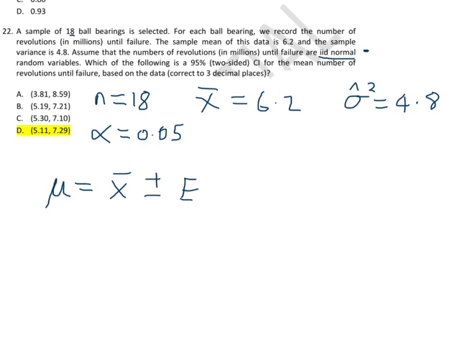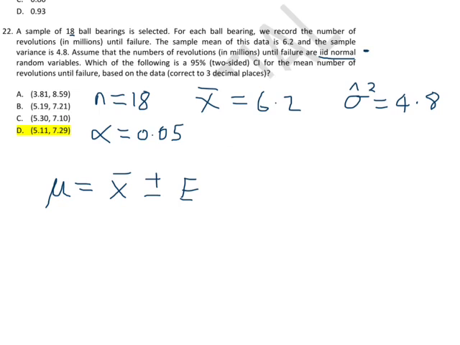It'll still come out in a normal or t-like distribution. If it's a non-normal distribution but the sample size is greater than 30, you can still use this t-distribution. And if it's an underlying normal distribution, it doesn't matter if n is small, you can still use a t-distribution. I hope that makes sense.